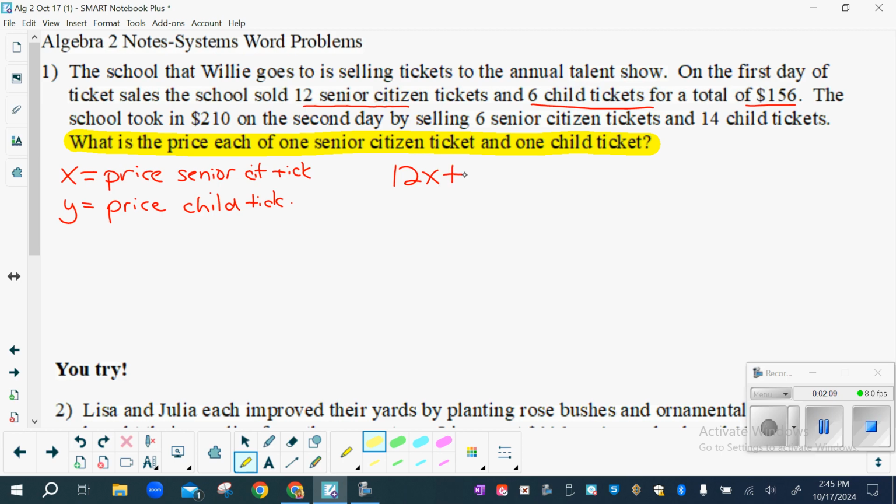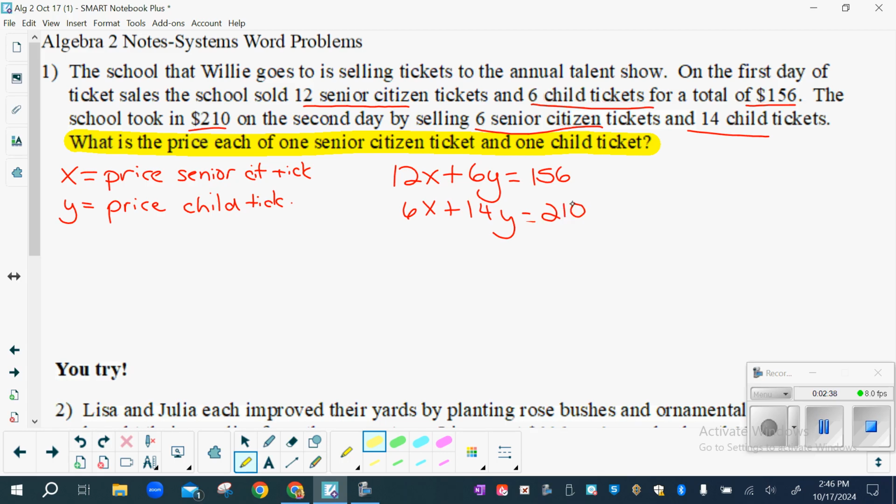Plus 6y equals 156. So what would the next equation be? 6x plus 14y equals 210, since we've got 6 senior citizens and 14 child.